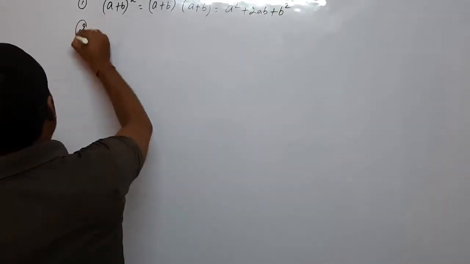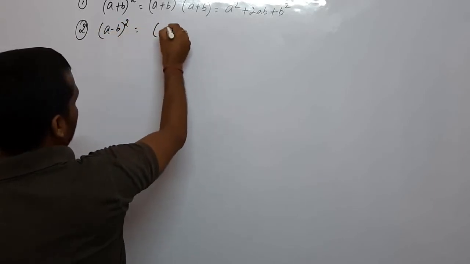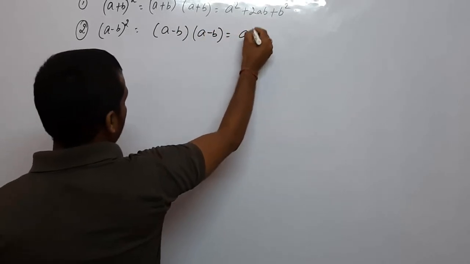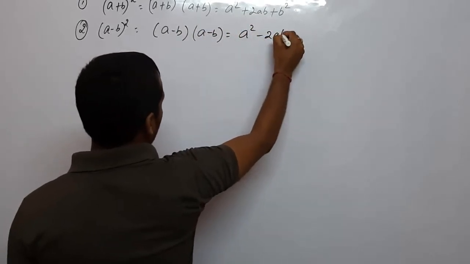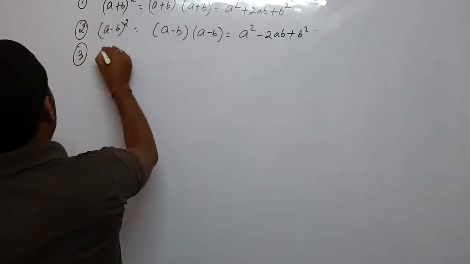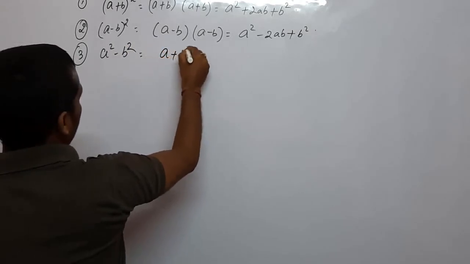Similarly, the second one is a minus b to the whole square. It can be written as a minus b into a minus b, which is written as a square minus 2ab plus b square. Third is a square minus b square, which is written as a plus b into a minus b.